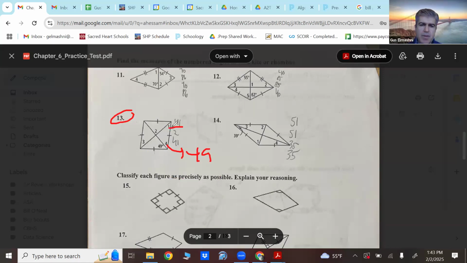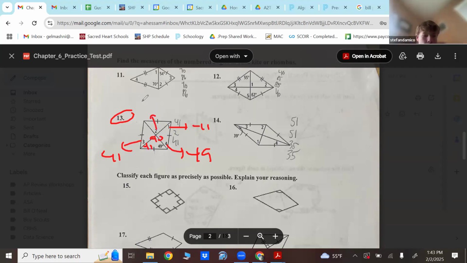So that's good, you got that right. That's 41, and that's 41 also. And that's 41. And that's 90. So angle 2 is 90.